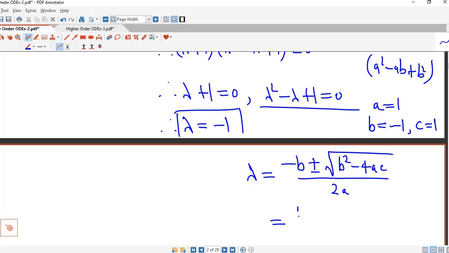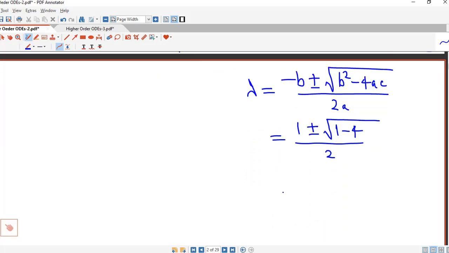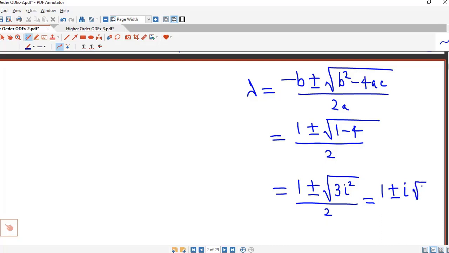So b is minus 1, that is 1 plus or minus square root of b square, that is minus 1 square, which is 1, minus 4 times a into c, that is 4 times 1 into 1, that is 4, divided by 2 into a, that is 2. So this is going to be square root of minus 3, and we replace minus 1 by i square. So we have square root of 3 i square, which is going to be plus or minus i times square root of 3 divided by 2.